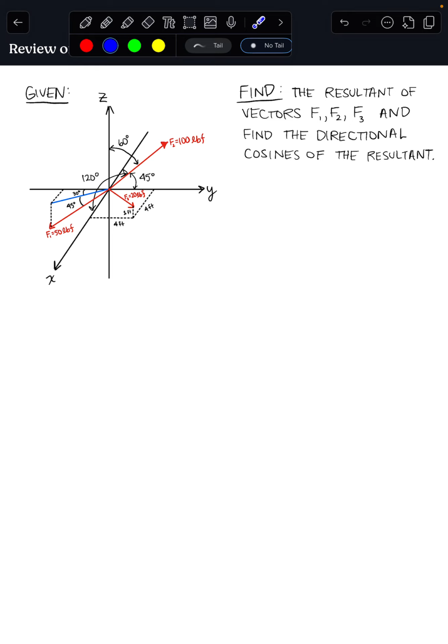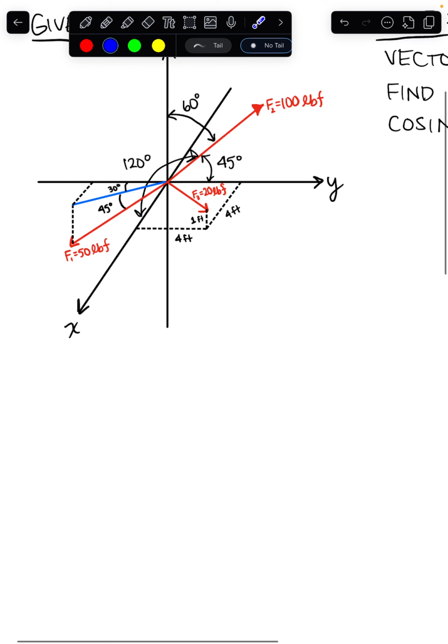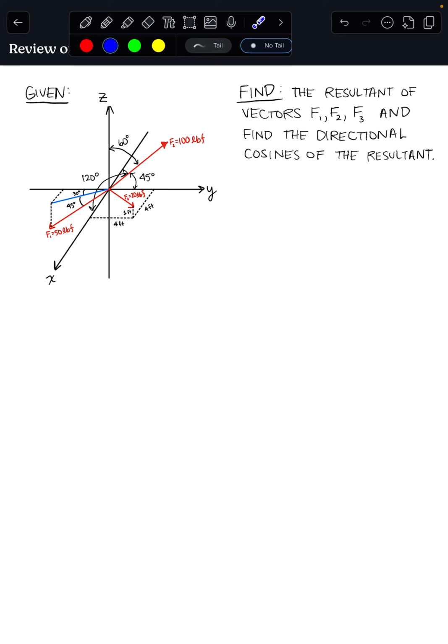And then finally, we have F3, which is a little small here, but it is 20 pounds, and it is pointing in this direction that is given to us by these distances from the XY axes and the XY plane. So we're going to walk through how to represent each one of these forces as Cartesian coordinate vectors. And so let's get into it.